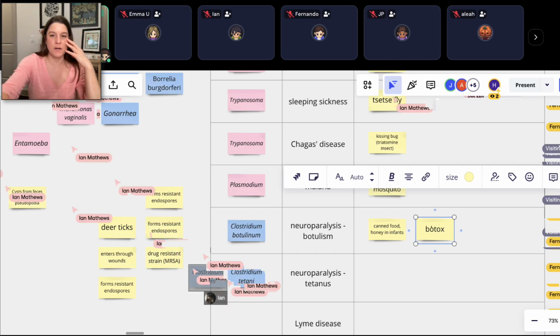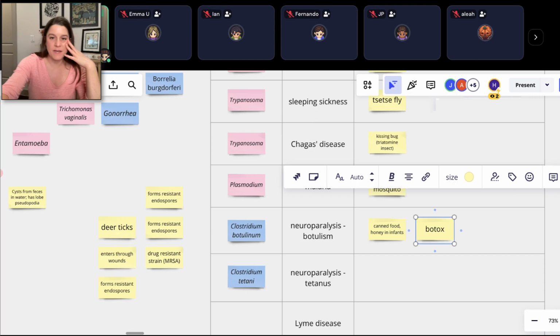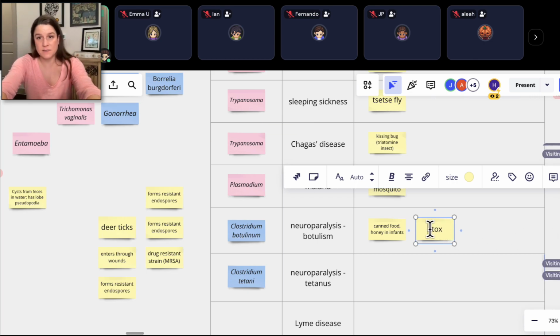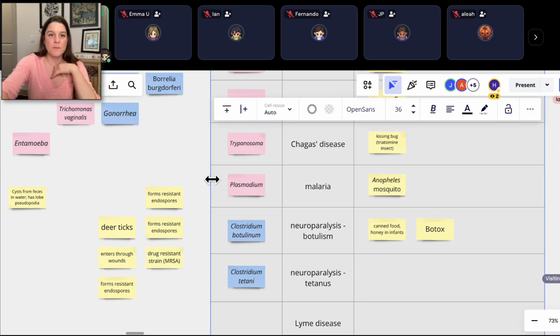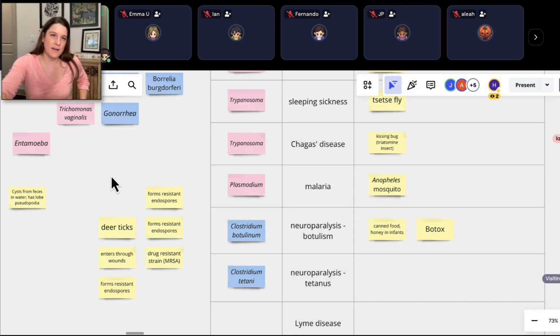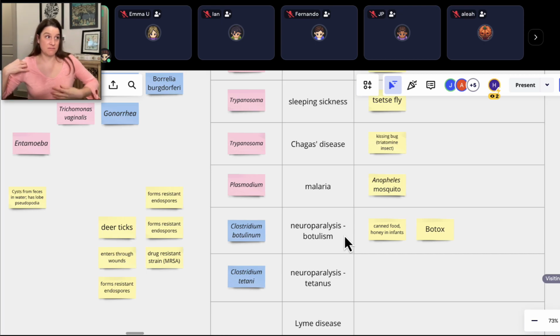There's some other one I can't remember the name of, but that's both for cosmetic purposes and for other medical things like excess sweating, migraines. That's also why you don't want to eat the food in a can that has puff on it. It's not good because clearly something was growing in there making gases that you don't want to eat.